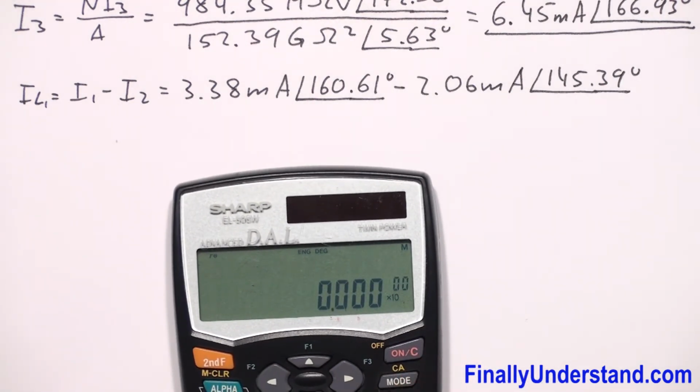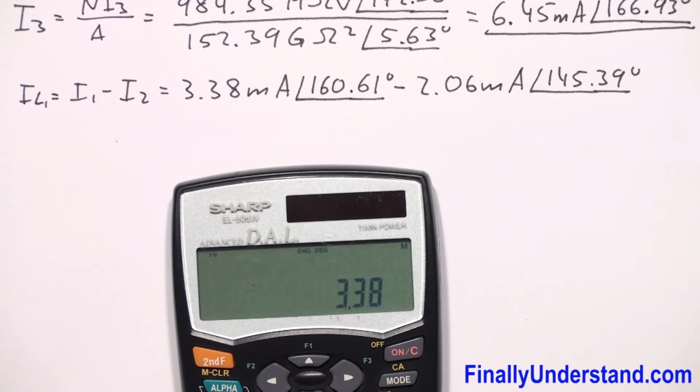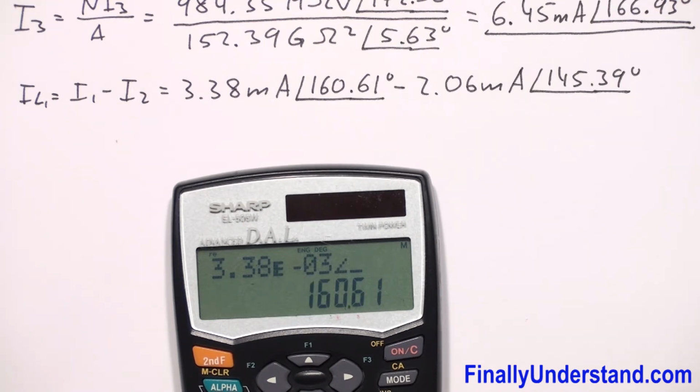So I have 3.38 exponent 3 negative and angle of 160.61 minus 2.06 exponent 3 negative and angle of 145.39.